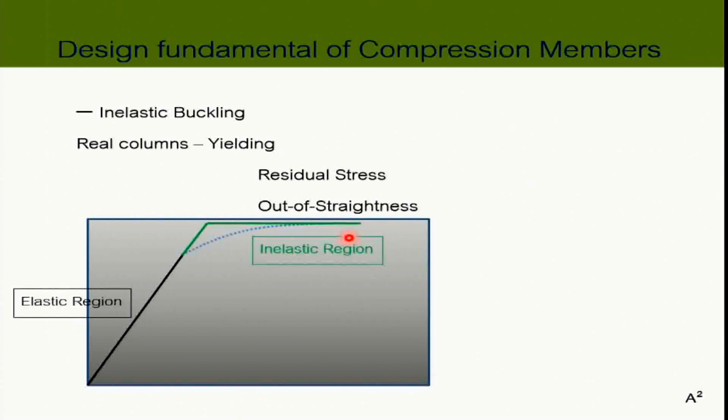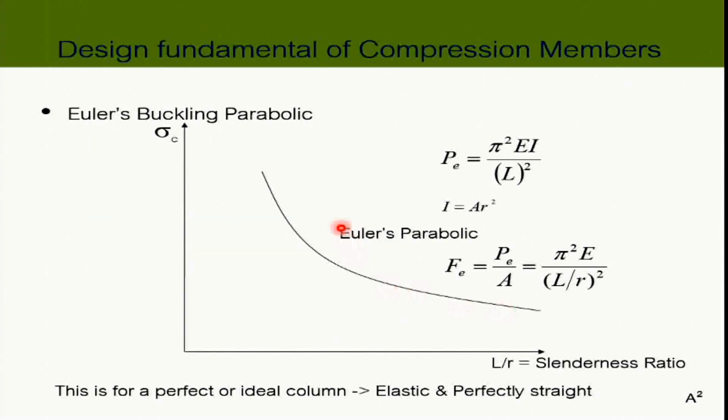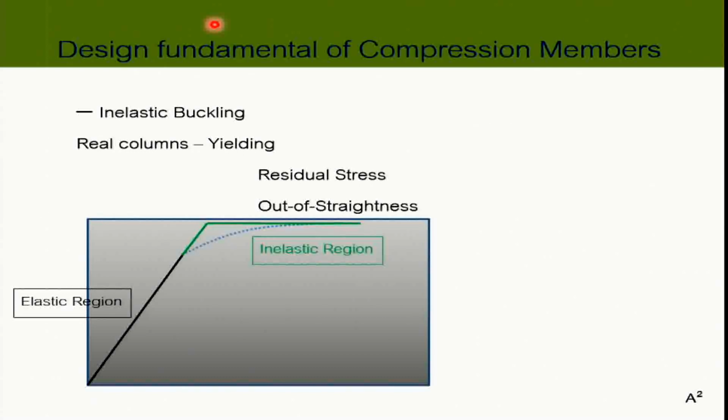But no matter how much stress keeps increasing, it can never go beyond Fy. And that is the first limitation that we need to put on Euler's theoretical curve. Because if you go back here, you see that it goes forever, and the stress will reach infinity, which is not true. We need to cap that off.